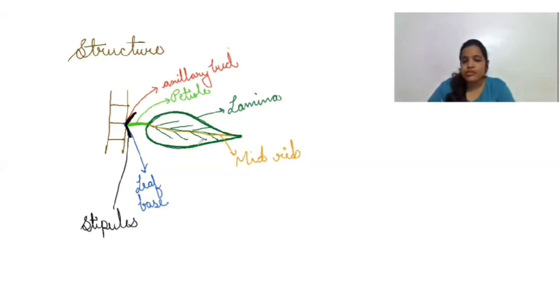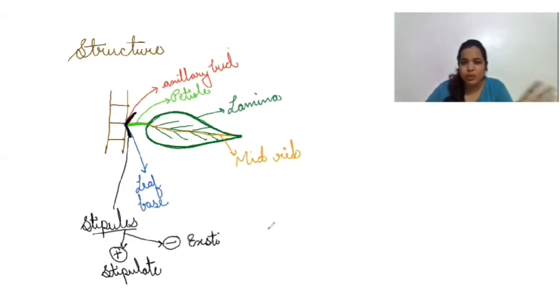So stipules can be present or absent. Now, if stipules are present, I'm marking present with a plus sign, the leaf will be known as stipulate. And if these stipules are absent, which I'm marking with a negative sign, these leaves will be known as exstipulate.